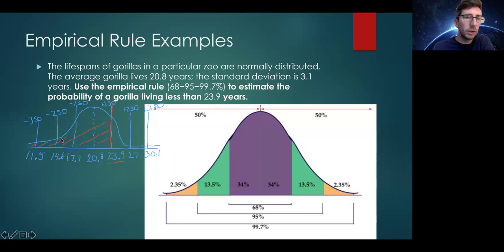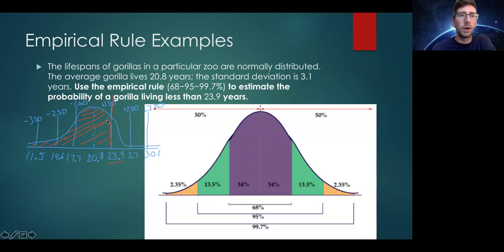Everything here in red to the left of 23.9. And again, it's to the left of 23.9 because it wants to know the probability of a gorilla living less than 23.9 years, right? So everything less than 23.9 is to the left of that cutoff value.